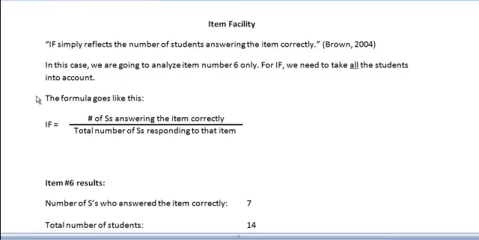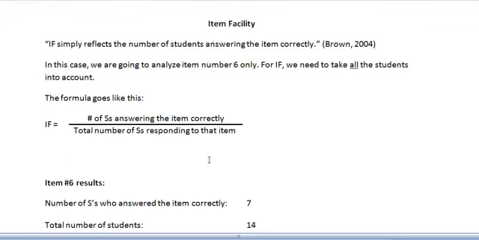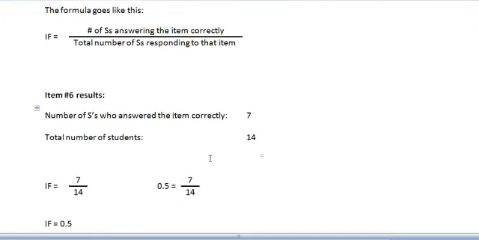Here you have the formula we're going to be using. Item facility is going to be equal to the number of students answering the item correctly divided by the total number of students responding to that item. So in this case, item 6, the number of students who answered the item correctly is 7, and the total number of students, as I said before, is going to be 14.